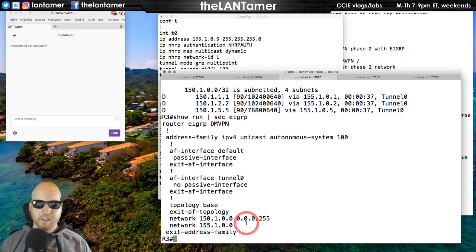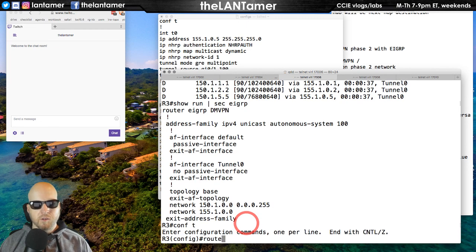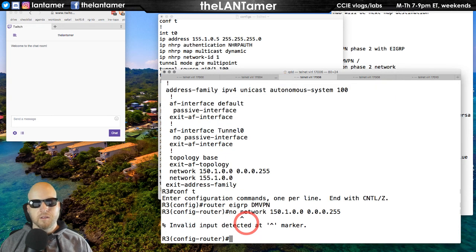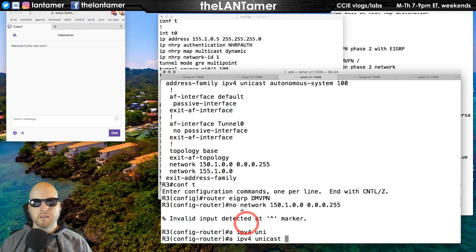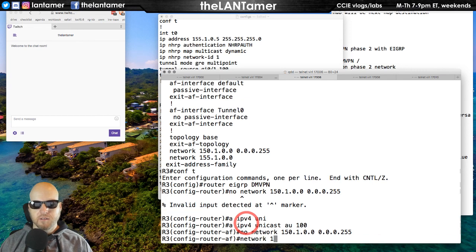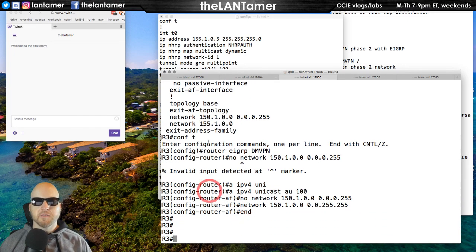Oh, wrong mask. Okay. Typo. Router EIGRP DMVPN, no network 50.1.0.0. Address family IPv4 unicast 100, network 150.1.0.0. Okay, now it should have it.